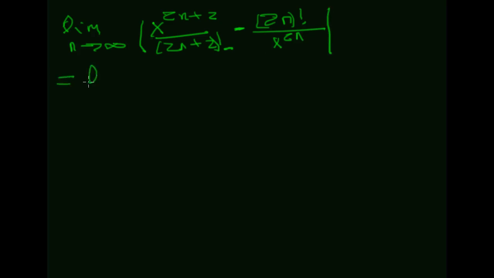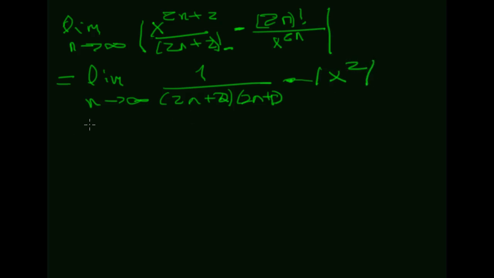Alright, so simplifying, this is going to give me the limit as n approaches infinity. This is going to again give me two terms, 2n plus 2 and 2n plus 1. Everything else is canceled out. And then this is going to be multiplied by, again, x squared.